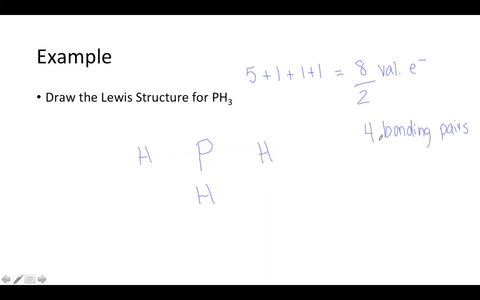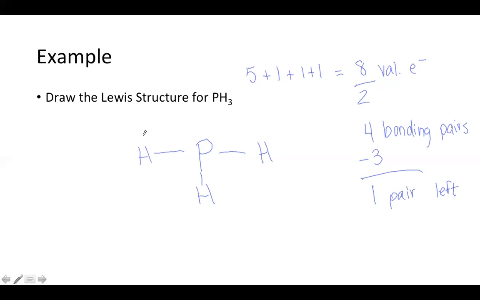Then we place those bonding pairs and make single bonds between the central atom and the outer ones. So we place 3 of those bonding pairs. So we have 1 pair left. All right, from there, we will add that lone pair onto our outside ones to make sure they've satisfied the octet.